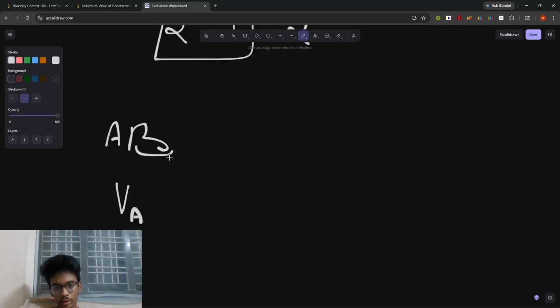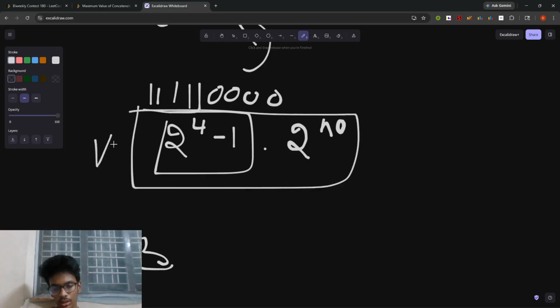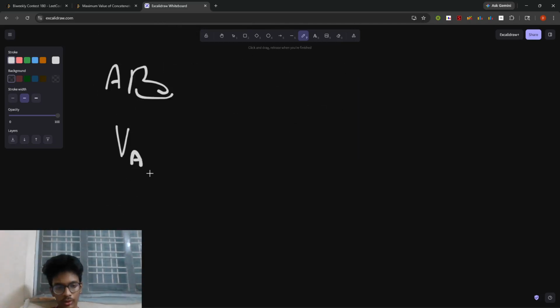This is the formula for the value of A, multiplied by 2 power length of B, because that many extra digits are coming here.